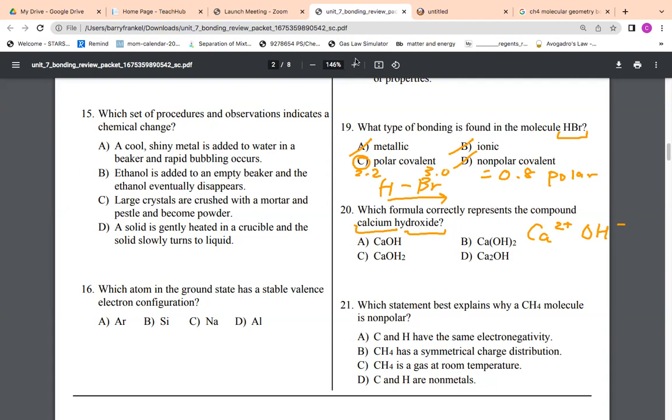The 2 tells me how many OHs I need, and the imaginary 1 tells me how many calciums I need. So I need 1 calcium, Ca. We don't put 1s as subscripts, they're implied. I need 2 OHs, but I cannot write it without parentheses. When you need more than one of a polyatomic ion, you have to put it in parentheses, and then I put my 2 on the outside. So we're going to go with choice B.